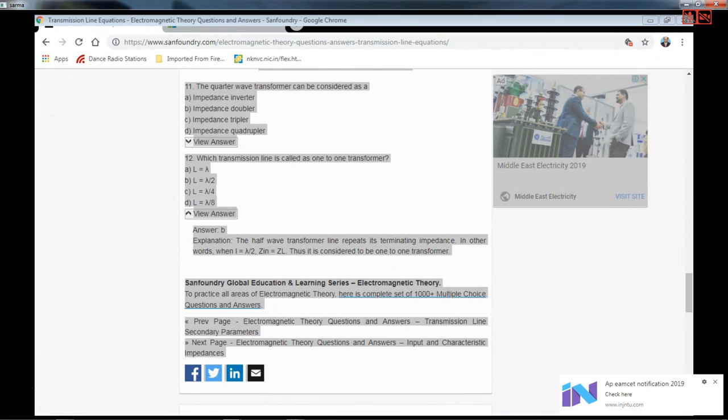If you take V incident, the voltage incident onto the load, out from numerator and denominator, you are going to get 1 plus mod gamma by 1 minus mod gamma. This is the relationship between gamma and VSWR.